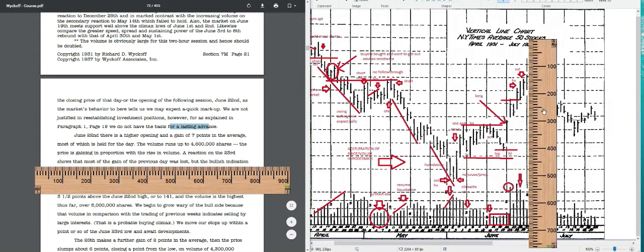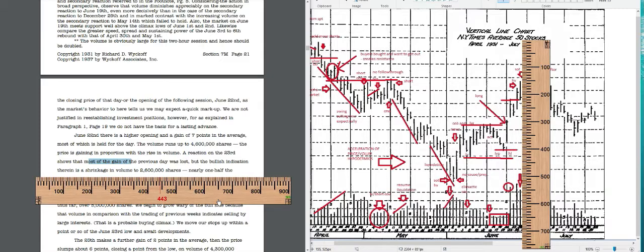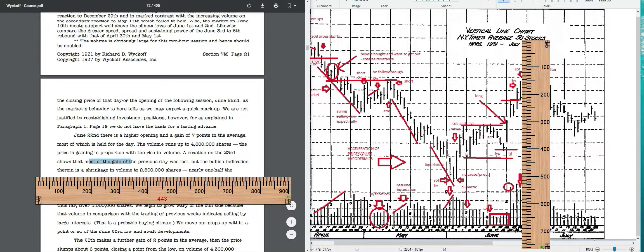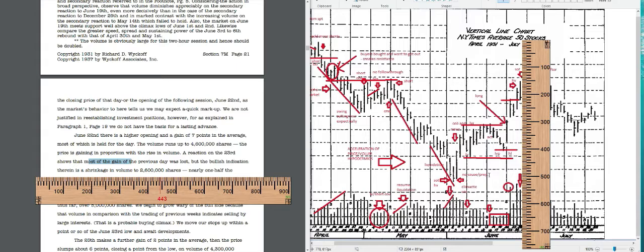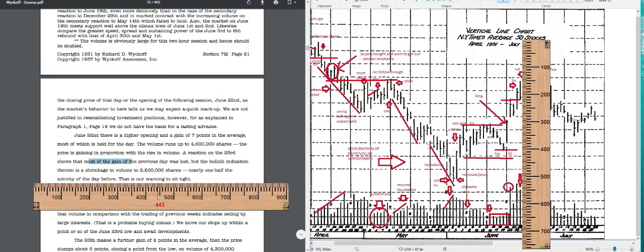So on the 23rd, the gain, maybe this is the 23rd, I can't really tell. Well, anyway, most of the gain of the previous day was lost, so that must be the reversal right here. But the bullish indication therein is the shrinkage of volume to 2.6 million shares, nearly one half the activity of the day before.